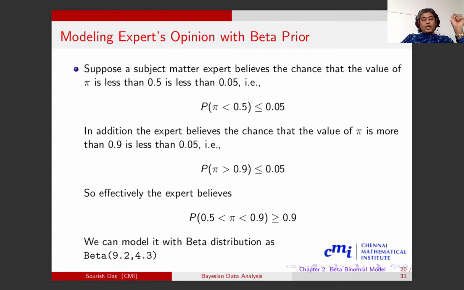So I have used this information to develop a distribution, here beta 9.2 comma 4.3, which I believe models the expert's opinion about pi, and I'm going to use that as my prior distribution.